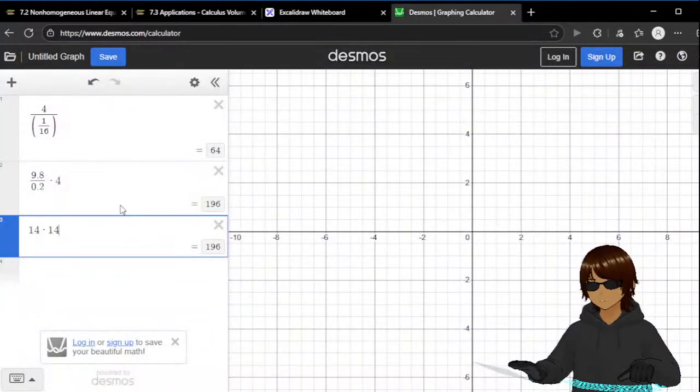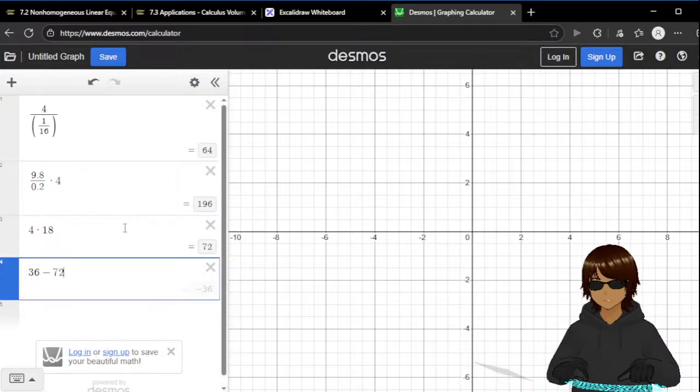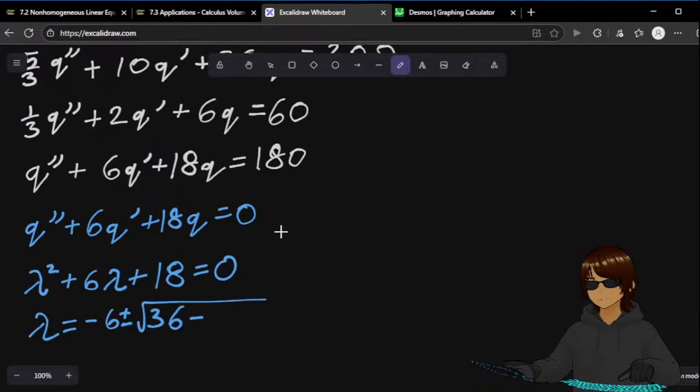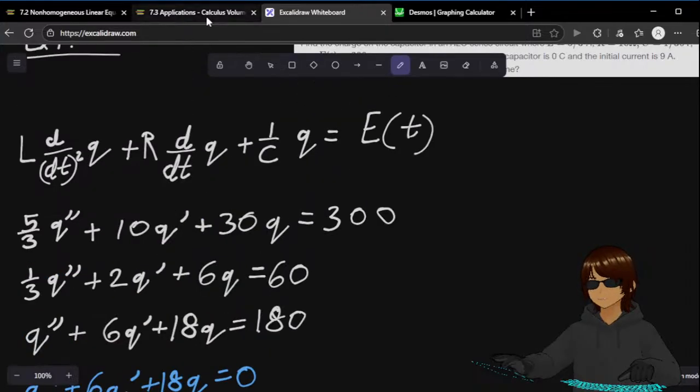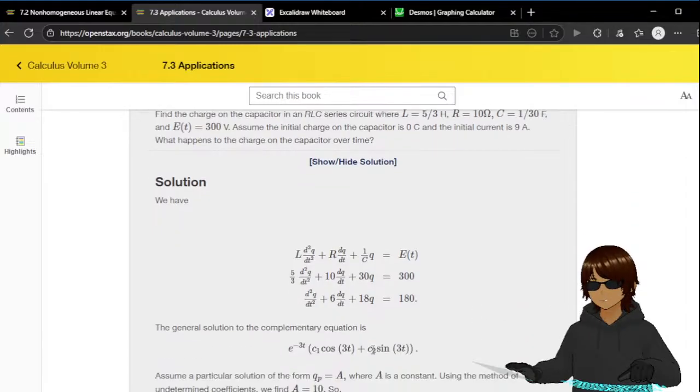What's 18 times 4? 72. I'll just subtract 72. Wait, don't I get, hold on, 72. Thing is, if I have minus 72, b square minus 4 times a times c.